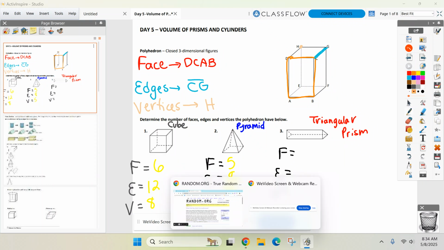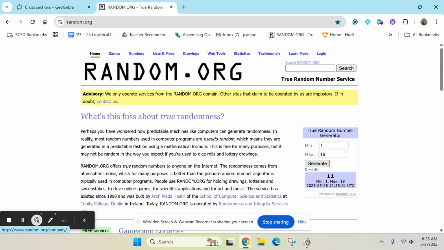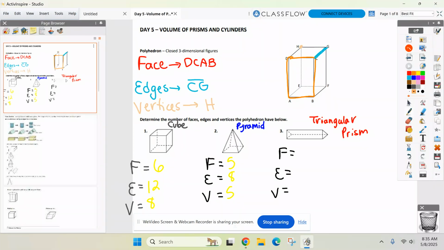Alrighty, when you have it here, let's get number of faces up. Juliana, go ahead. Number of faces. 5. Yep. Edges. 9 and vertices.